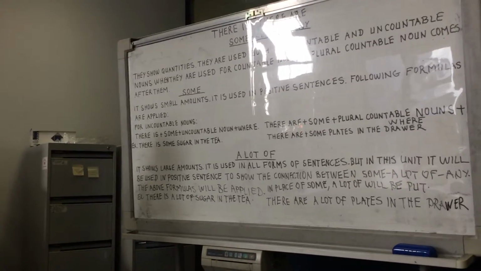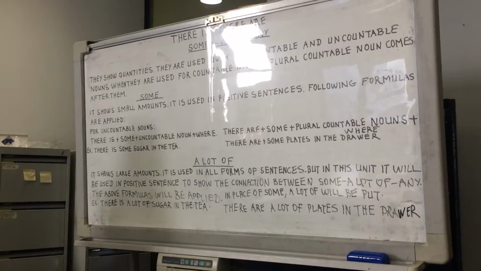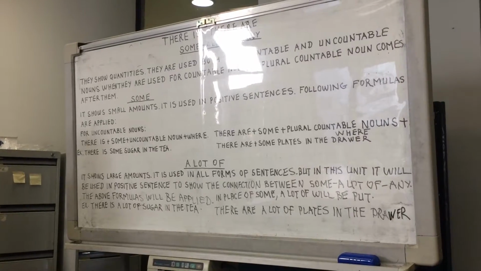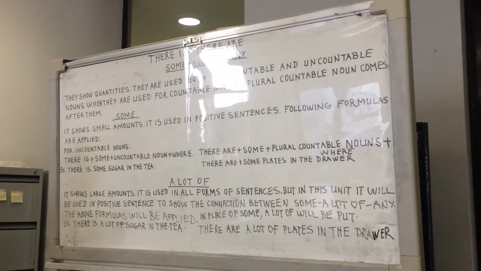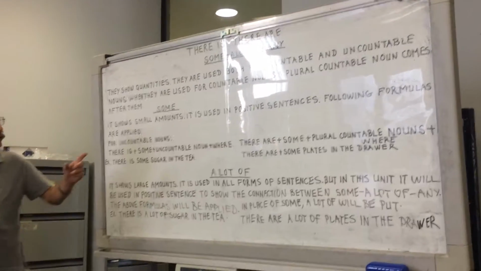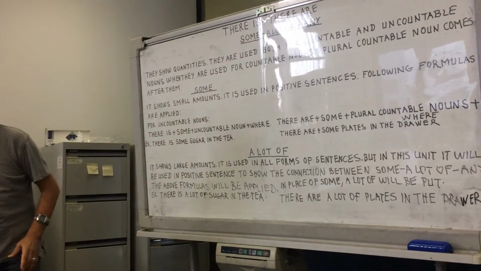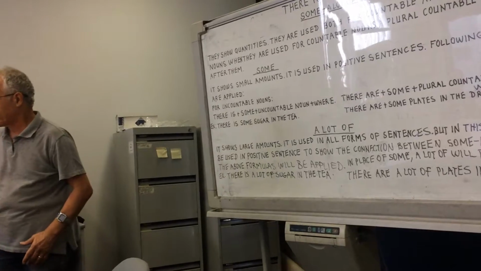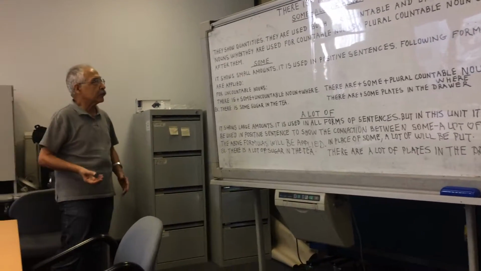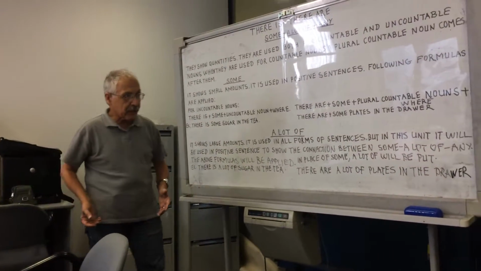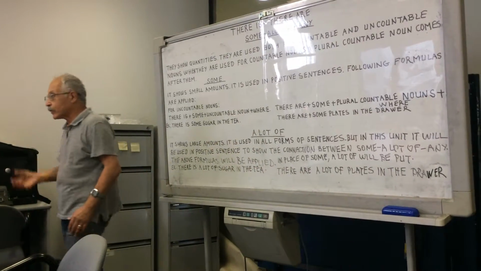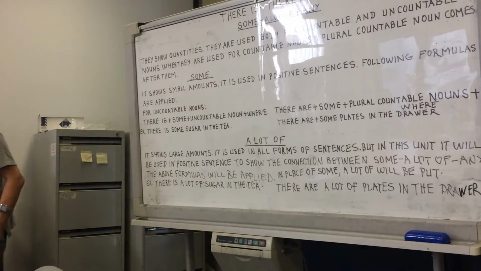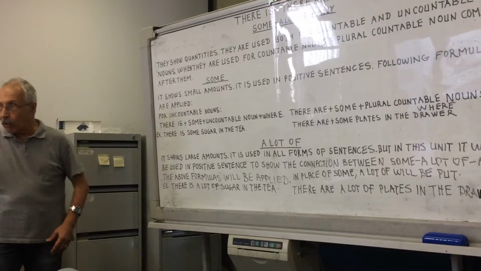When they are used for countable nouns, we use plural nouns. We cannot make it single. When we use some for table, we say some tables. When we use some for the rubbish bins, we say some rubbish bins. We make it plural, more than one.